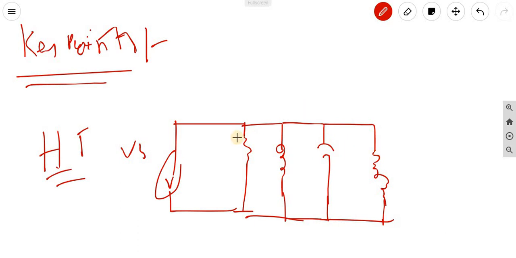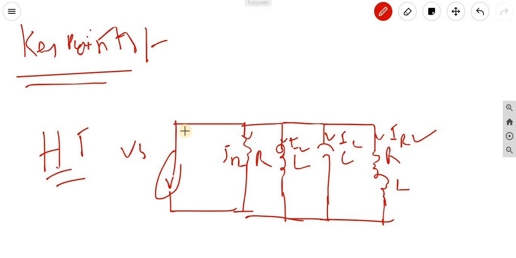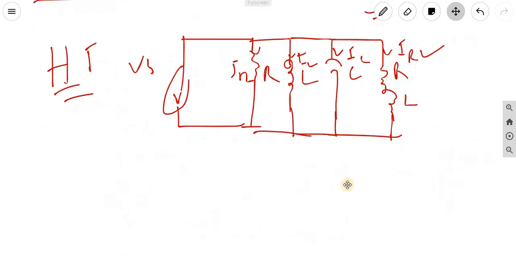What would be the presentation of this? R, L, C, and L, R. What would be the phasor diagram of this? IR, IL, IC, and here IRL.